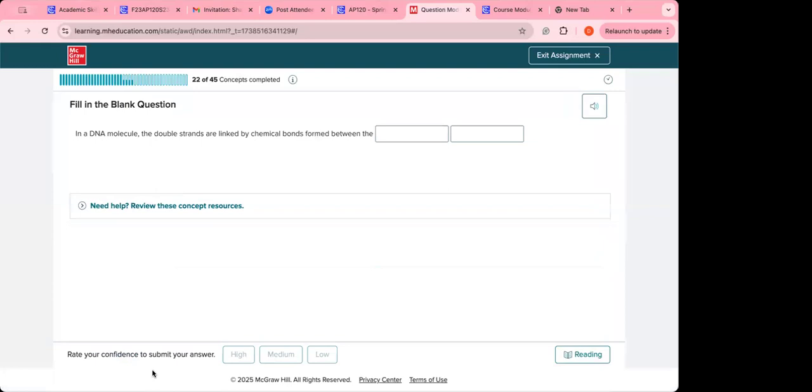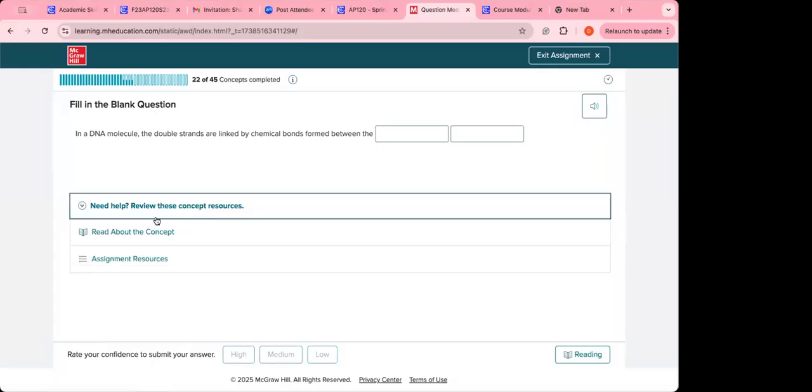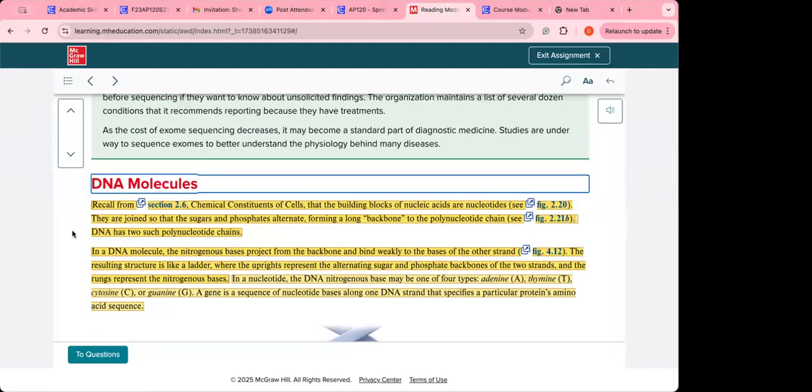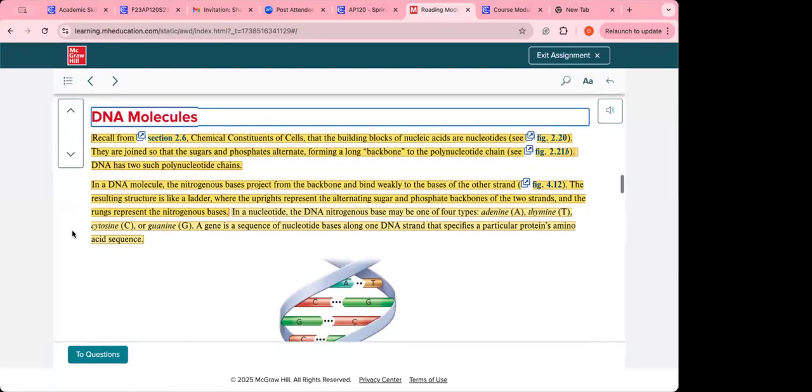The double strands are linked by chemical bonds formed between the blank. Okay, so let's review it. Chemical bonds formed between the what?